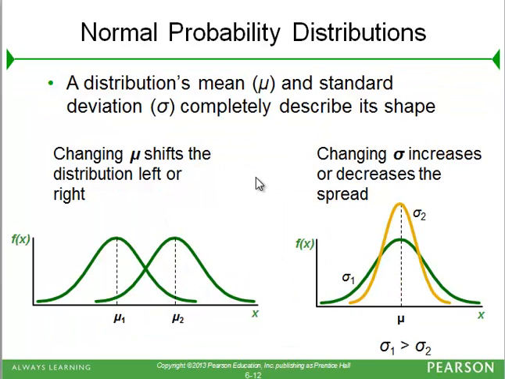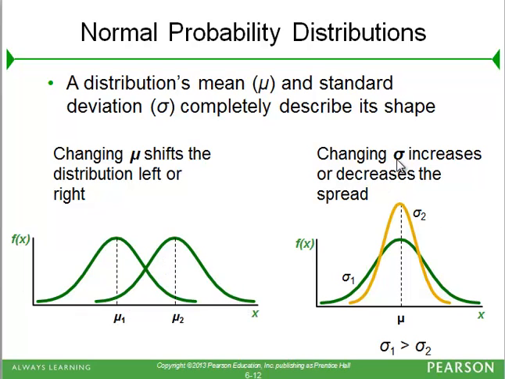Next, still about the features of normal probability distributions. Their shape is completely defined by the mean and standard deviation. The distribution's mean decides the location of the distribution. So for different means, mu1 and mu2, the distributions are located in different places.